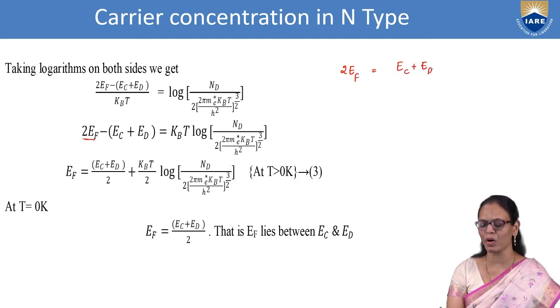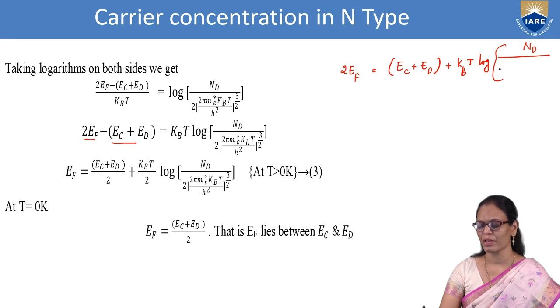I have just brought this onto the right hand side. We have plus kBT log of Nd by 2 into (2 pi me kBT by h square) power 3 by 2.